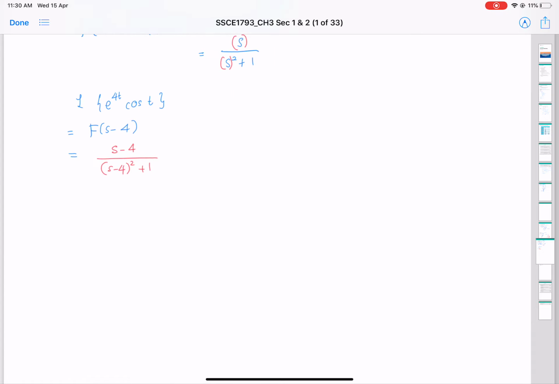Okay, because 1 square is equal to 1. So we have s minus 4 over s square minus 8s plus 16 plus 1. So equal to s minus 4 over s square minus 8s plus 17. Alright, so this is our final answer.